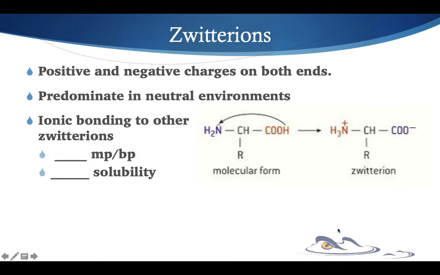First of all, what is a Zwitterion? Well, a Zwitterion is an amino acid that has both a positive and a negative charge on the two ends of it. So I'm looking at this amino acid right here. Here it is in the form that you typically think of it.